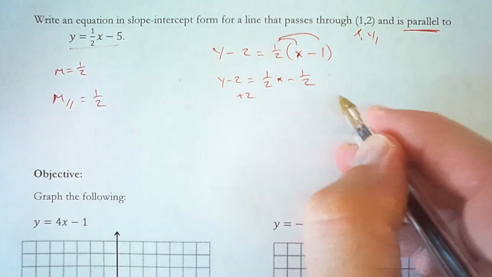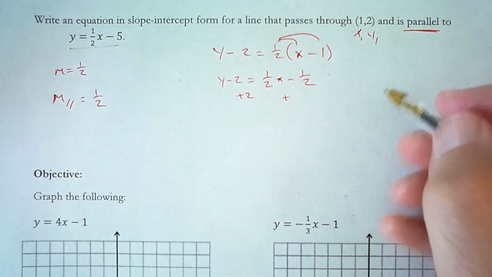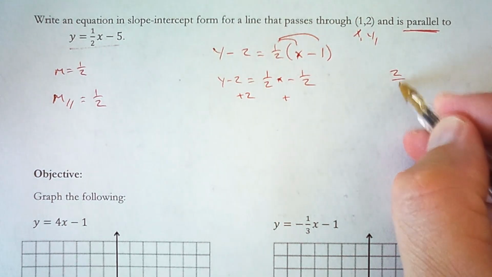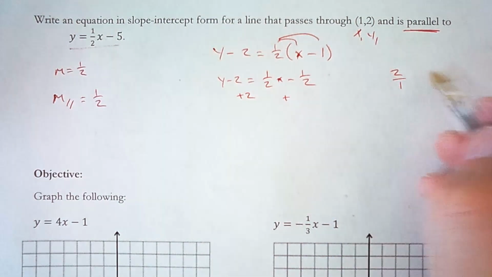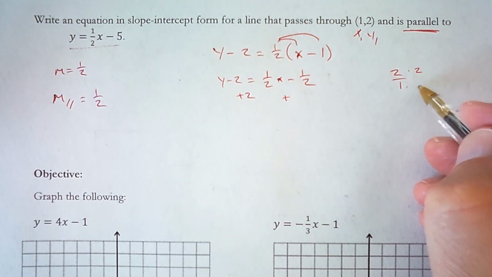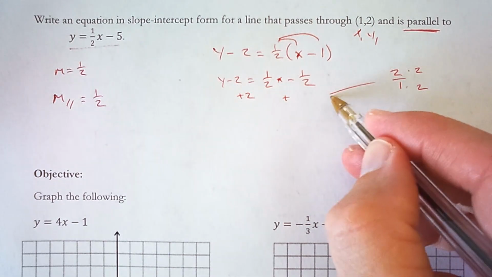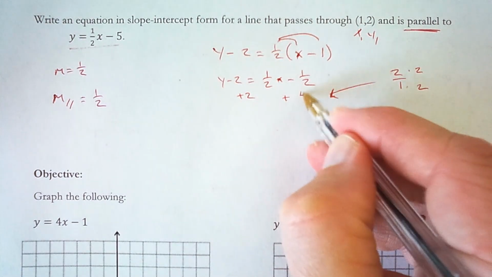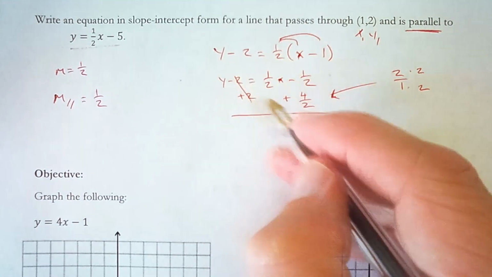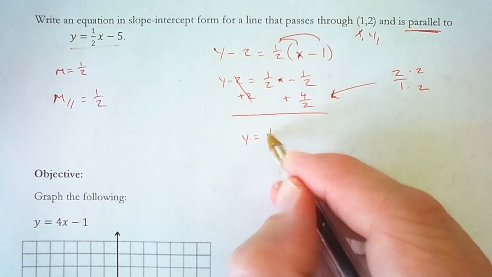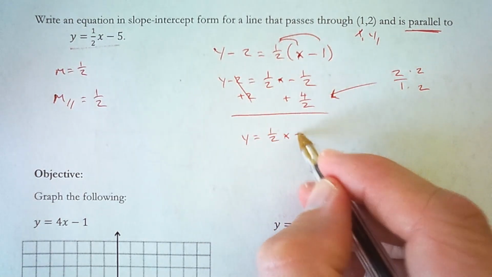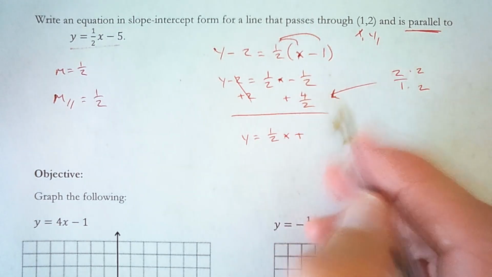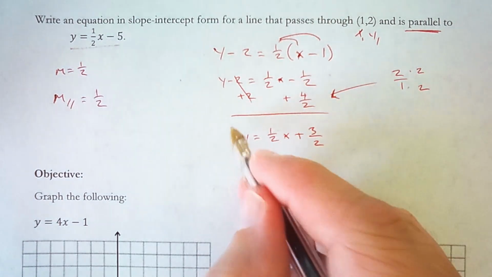Now we will add 2, but let's just take that 2 and make it 2/1, and we need to have a common denominator. So we'll multiply numerator and denominator by 2, and that's what we're actually going to add. So that's 4/2, so we're adding 4/2. So y equals 1/2 x plus -1 plus 4 is 3, so 3/2.